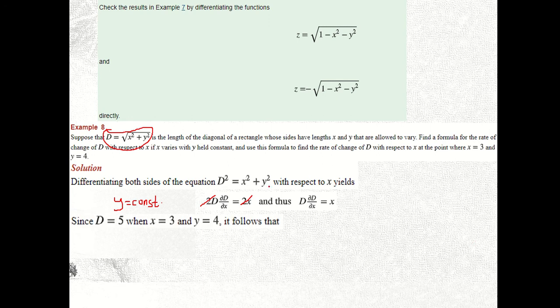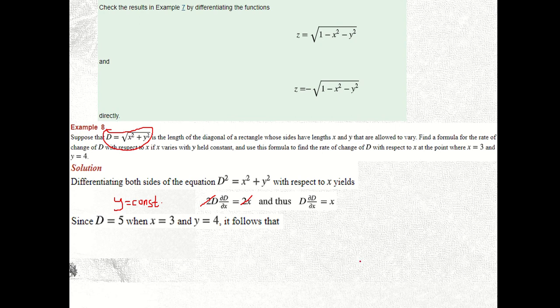And d is equal to 5 when x equals 3 and y equals 4. Where did we get this? From here, when x equals 3, 3 squared is 9, plus when y is 4, 4 squared is 16, so 9 plus 16 equals 25, and the square root of 25 is 5. That's why we have d equal to 5 here.